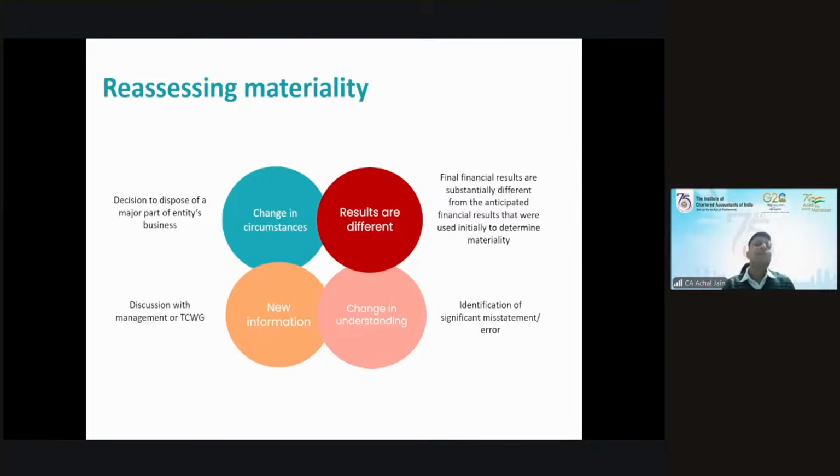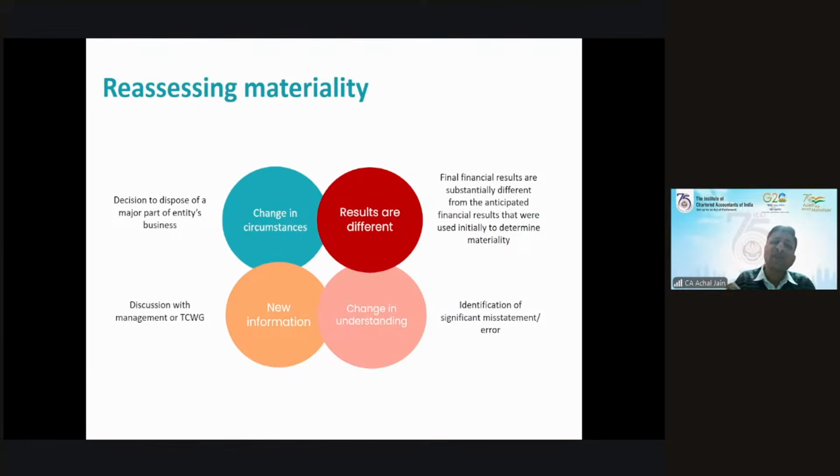Now, please remember that materiality is a part of a planning exercise. And for the planning also, we have discussed that planning is not something which you will just do and you will forget. It is a dynamic process. So you need to be wary of the facts which may require some sort of changes during the course of audit as well, despite the audit plan, audit program that you may have. So in such a case, what is important?